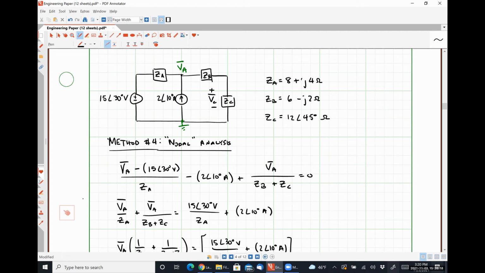Then once I know VA, I break those guys back out into two series connected impedances, which allowed me to perform voltage division. Okay. So I told you I was being sneaky. But it's a fairly straightforward sneakiness.